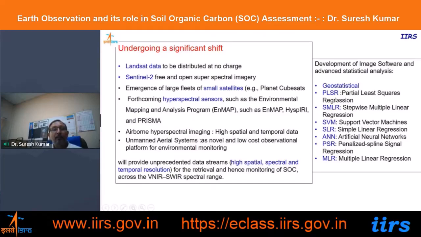And also, why we are talking more today is that in recent years there has been development of various image processing and GIS software and advanced statistical methods, which is helping us in mapping of soil carbon. Earlier these techniques were not much in use or not much developed.